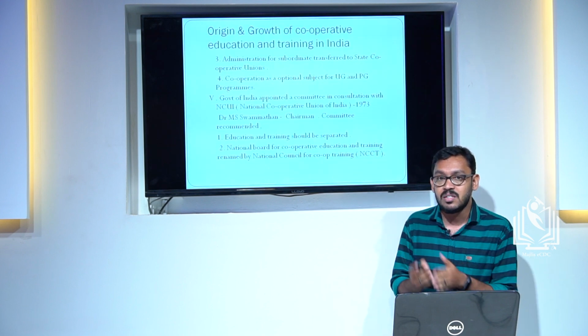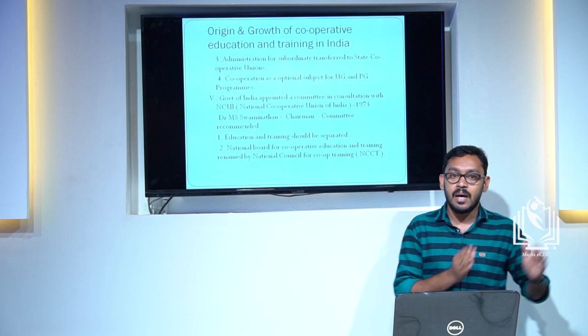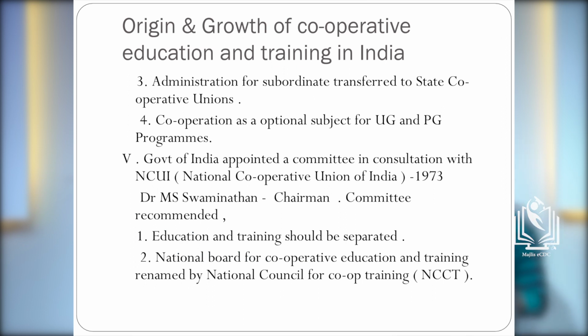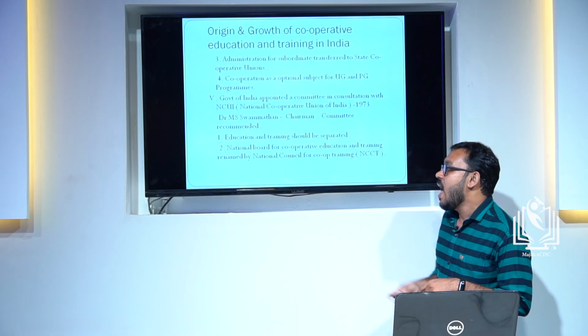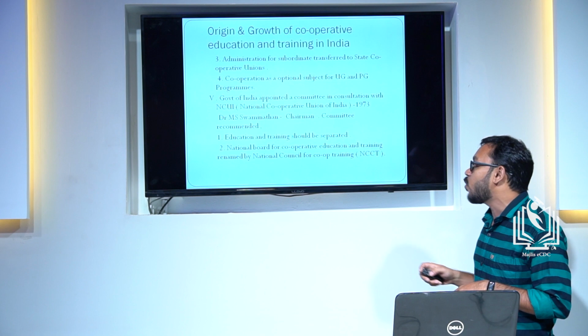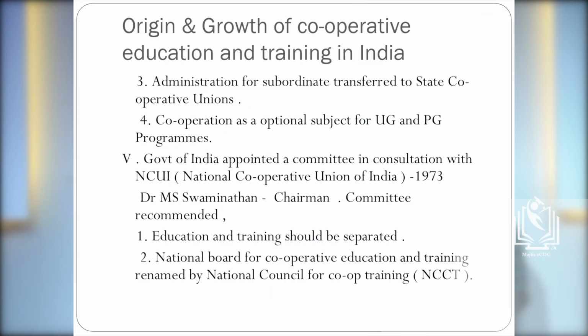Before this phase, both the training and education programs were going simultaneously, but the Dr. M.S. Swaminathan committee suggested that training and education should be separate programs, and they renamed the National Board for Cooperative Education and Training as NCCT, which means National Council for Cooperative Training.